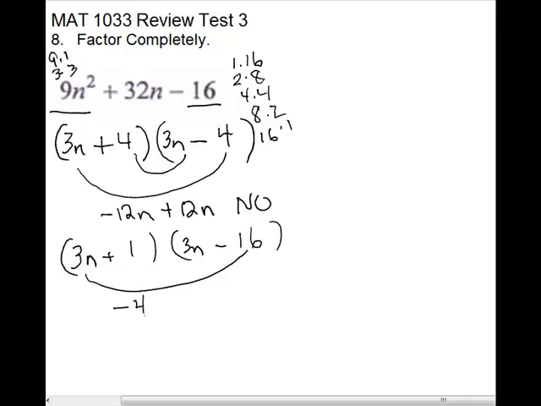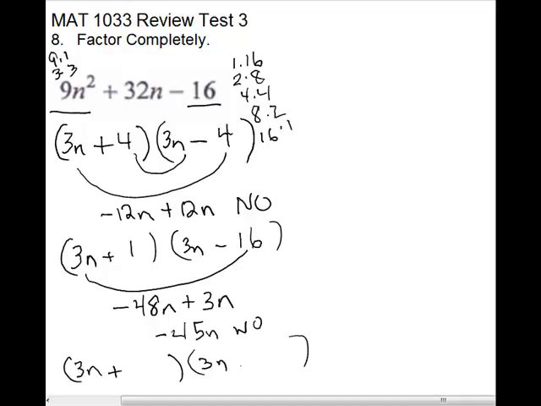we have minus 48n and plus 3n, which will give us a minus 45n, and that doesn't work. So we keep going. We can try 2 and 8. And we have minus 24n on the outside plus 6n.